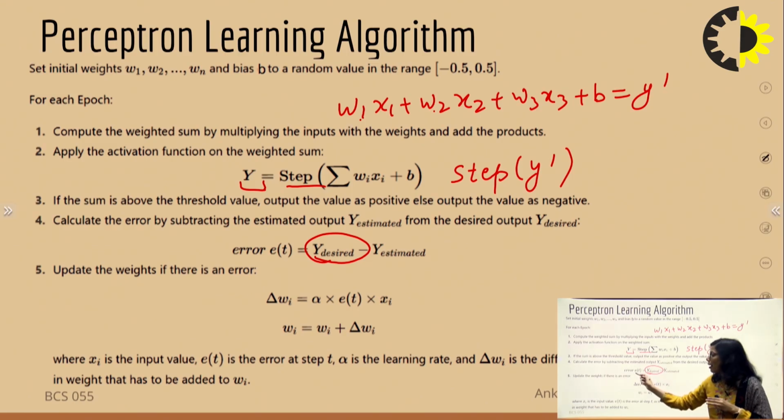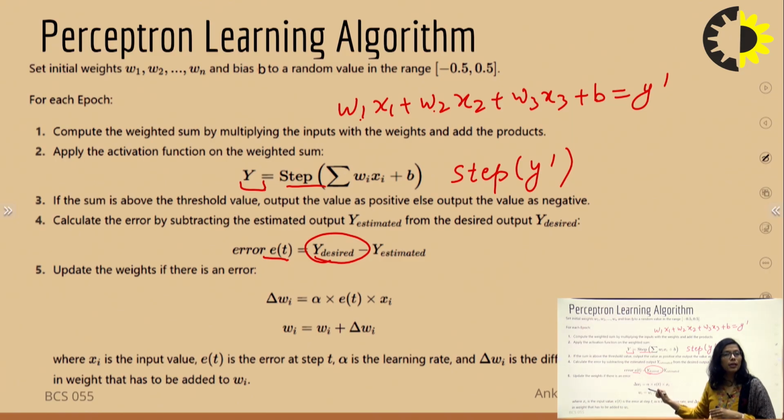So this is my error, whatever I wanted my answer to be, and what I got. So based on this difference, I will find out the error, and then I will update the weights. Since my weights are not correct, I have to update the weight. So I will be using the formula alpha multiplied by ET multiplied by XI.